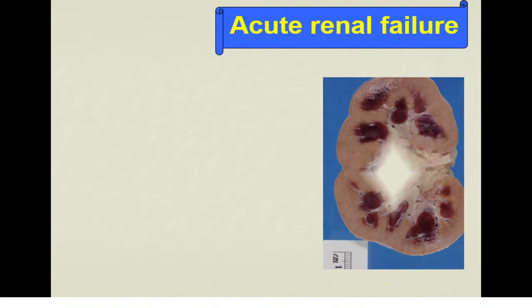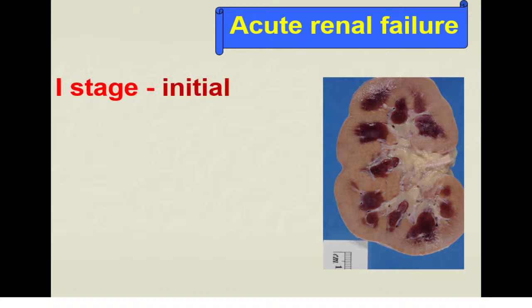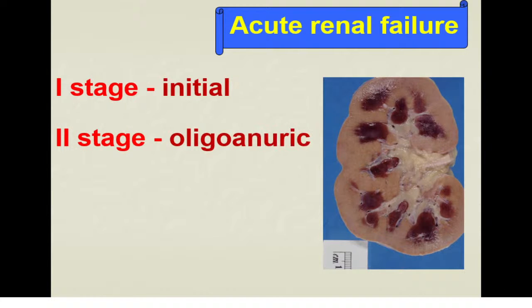If we are talking about acute renal failure, during its development we can distinguish several stages. First, initial stage when the signs of renal dysfunction are visible and all attention of doctor will be paid on primary pathology which not connected with kidney.